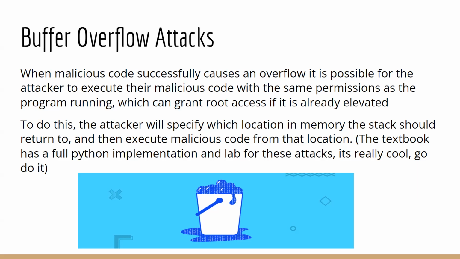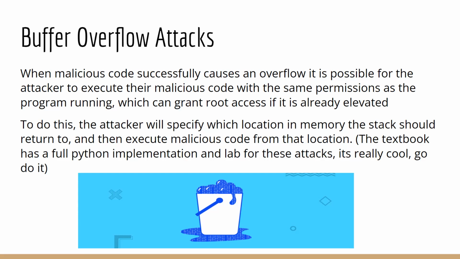One of the biggest issues with these, as we saw from the last lab, was that when you hijack a running program like this, you not only take over what was running, but also the permissions. You can take over the same permissions as whatever program is running, which if it was root access, then you have complete access to the system.